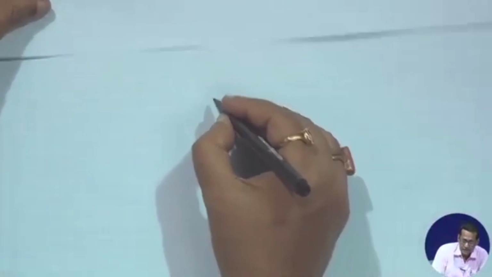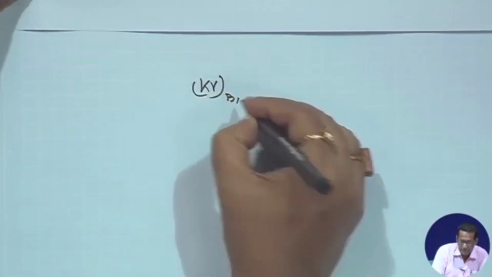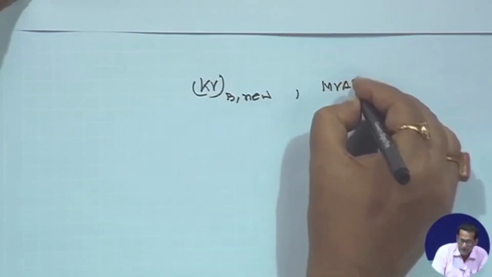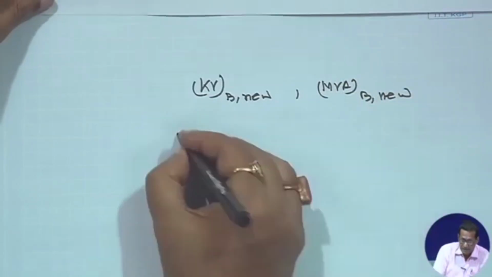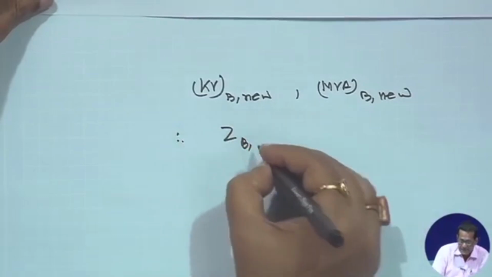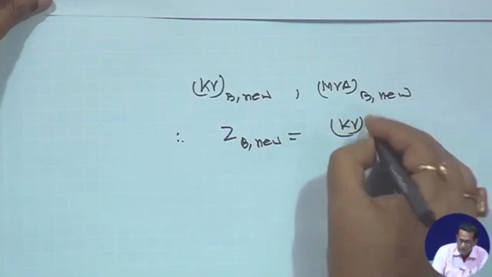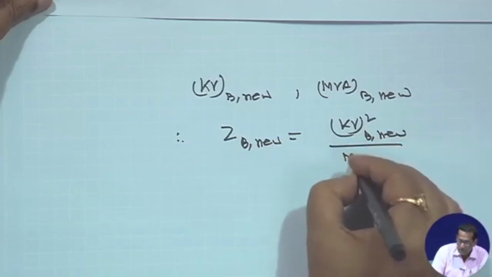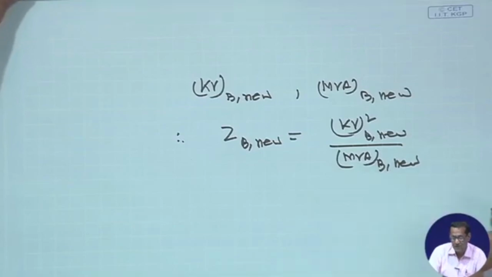Now, suppose a new base value is given, say this is your KV base new and say MVA base new, right. Therefore, the base impedance, that new value, Z base new is equal to KV base new square divided by MVA base new, right.